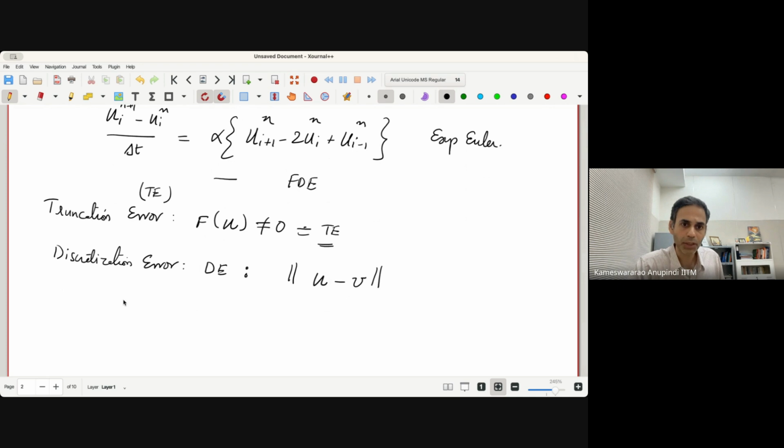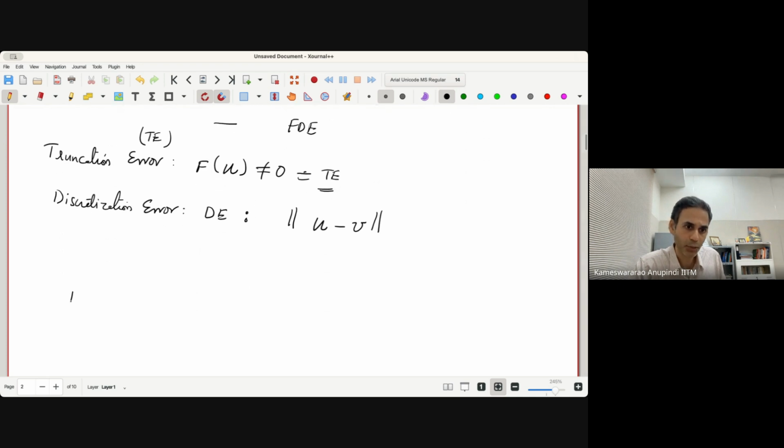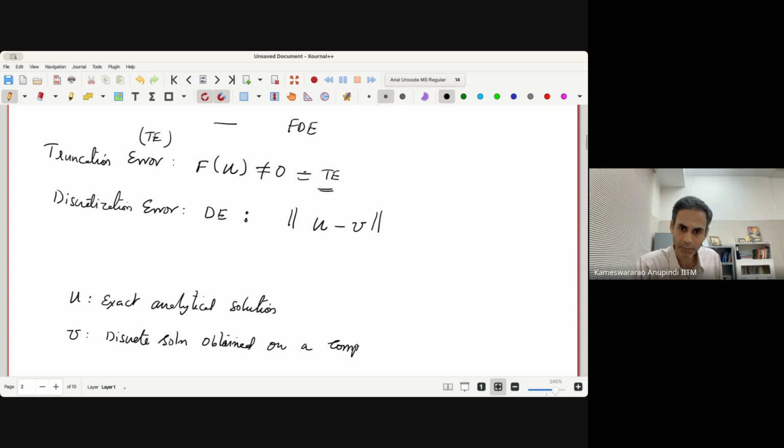So I can write essentially u is the exact analytical solution, and capital U is the discrete solution obtained on a computer. Okay, so this is what we have.